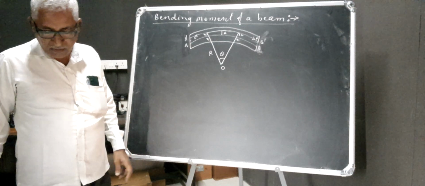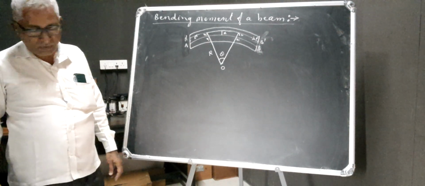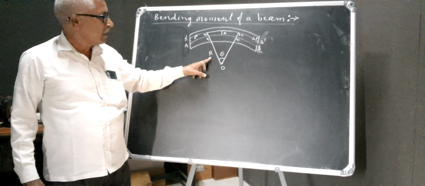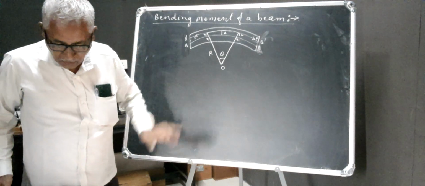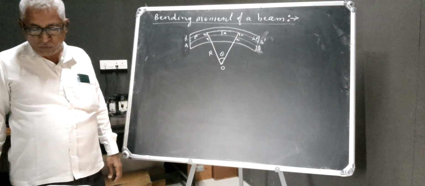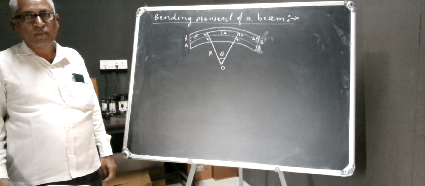For this we consider a beam of radius r. Let us consider that the beam is bent to form an arc of a circle of radius r.